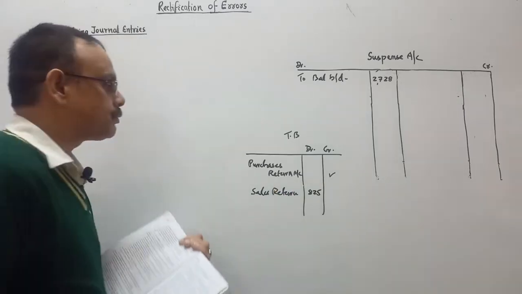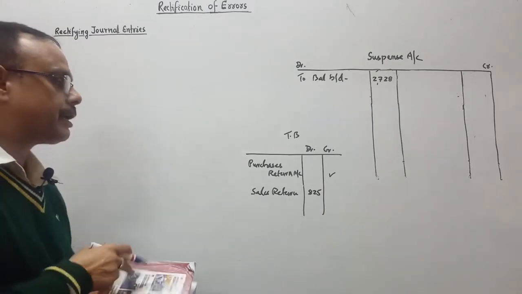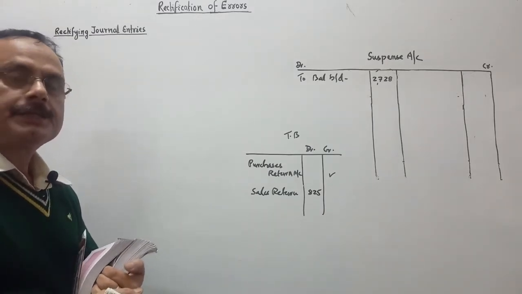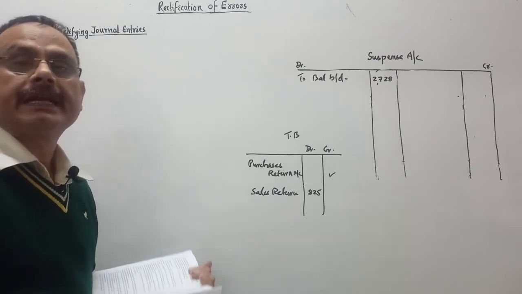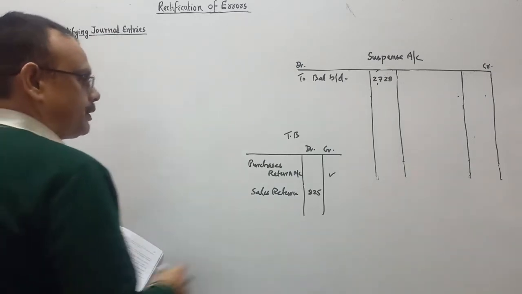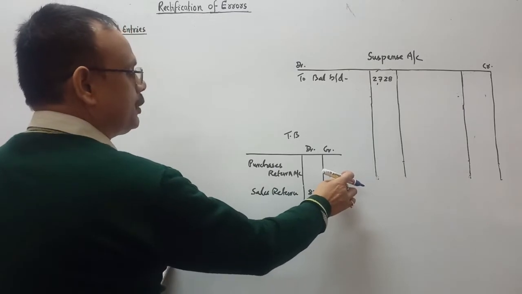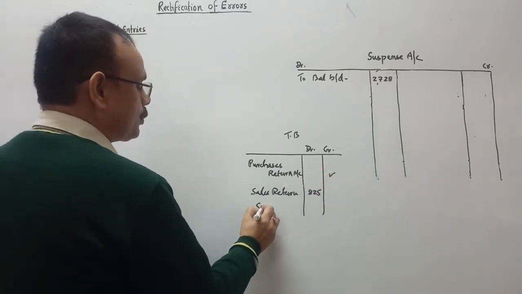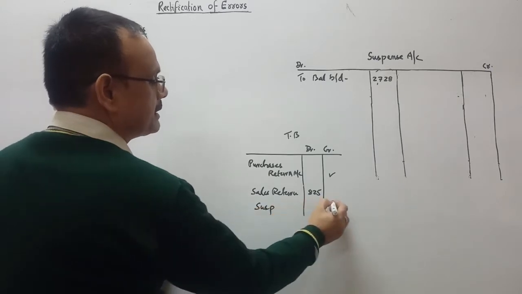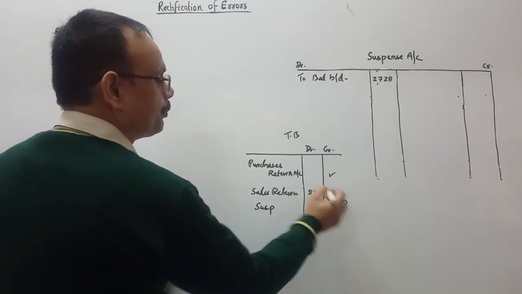Instead of posting to the credit side of the purchase return account, it is posted to the debit of sales return account. So instead of posting on this side, you have posted on this side. So the suspense account will be opened by 1650 rupees.